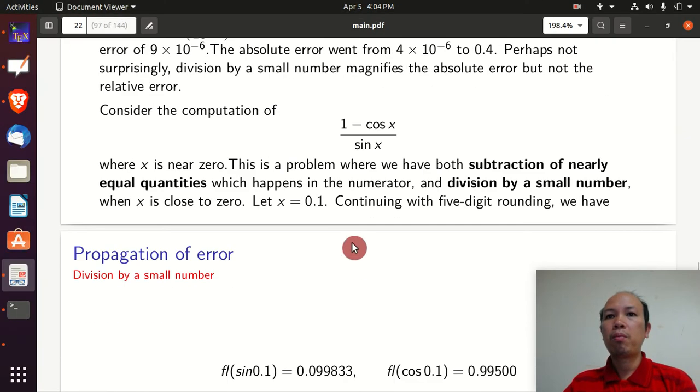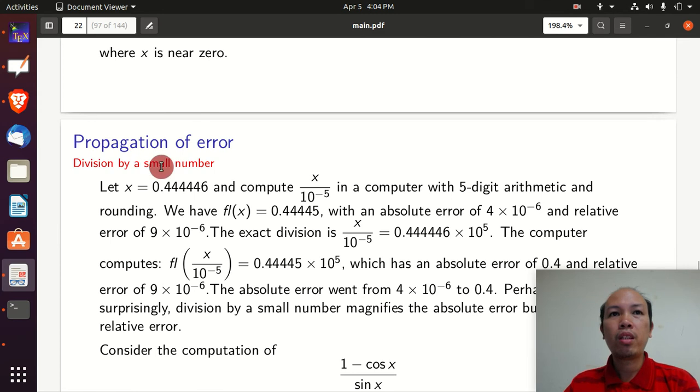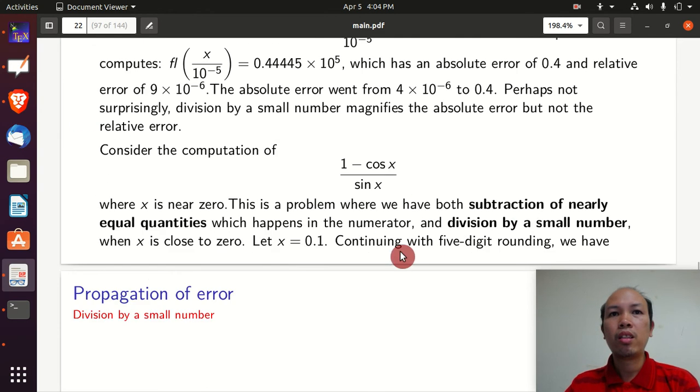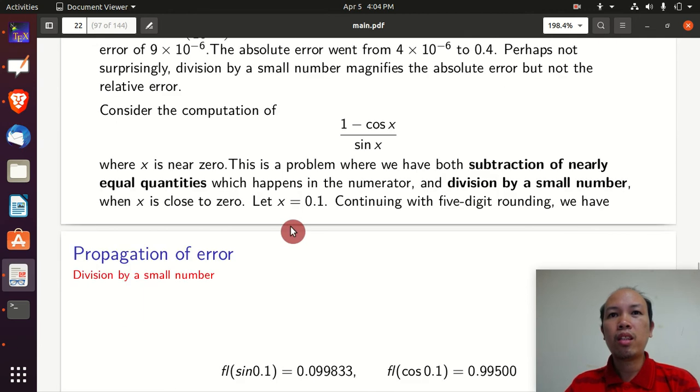This is a problem where we have both subtraction of nearly equal quantities, this 1 minus cosine x, and also a division by a small number in the numerator. So the topics that we discussed before combine here. Let's pick a number x which is 0.1, and let's continue with 5-digit rounding.